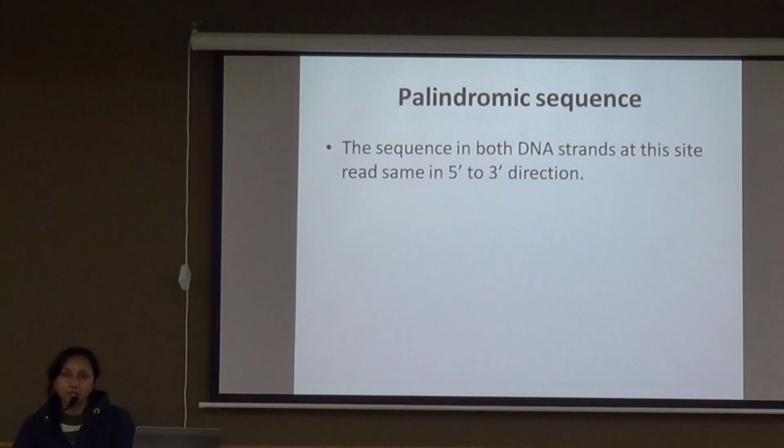In genetic engineering, we prefer sticky ends because they are easy to ligate to each other, as well as easy to ligate the DNA insert to the vector.